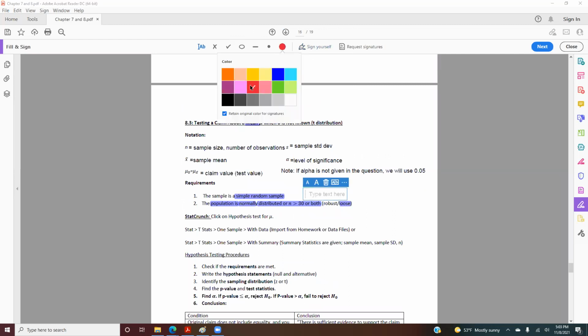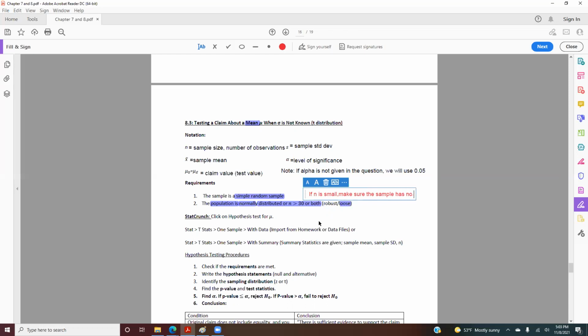If n is small, that would be no good, because usually you need a sample size of more than 30. So if n is smaller than that, then make sure the sample has no outliers. You can actually still use the second requirement.